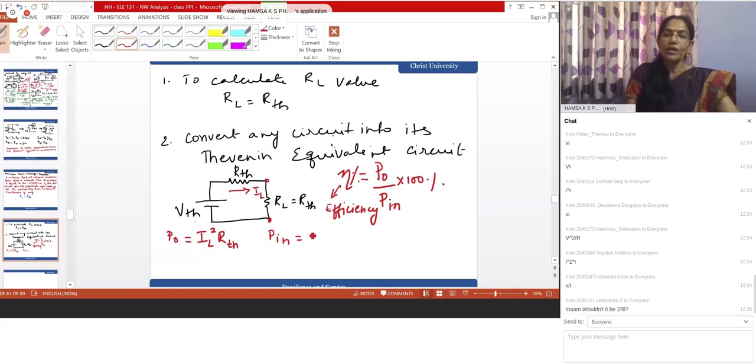We have already found that, and we have connected RL as equal to RTH. So we don't have RL in the equation now. It is RTH only. Okay, with that, tell me, what will be the equation for the input power? Input power will be, of course, here we have IL, IL squared into RTH plus RTH. 2 RTH, isn't it? So this will be IL squared into 2 RTH.